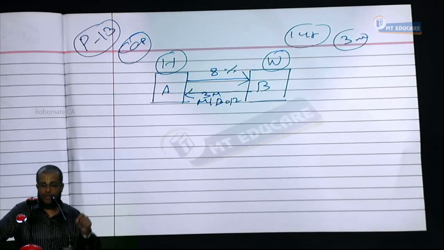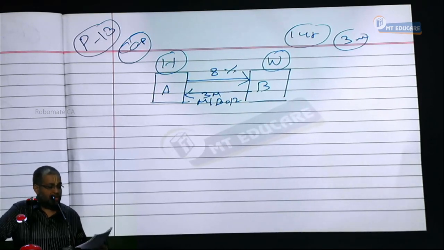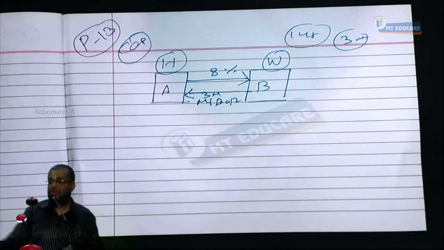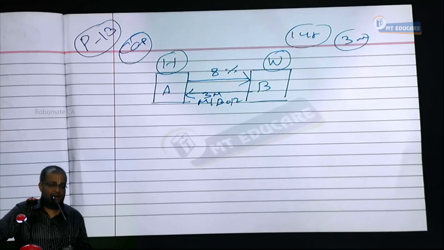Full stop. The notional principal is how many crores? 100 crores.